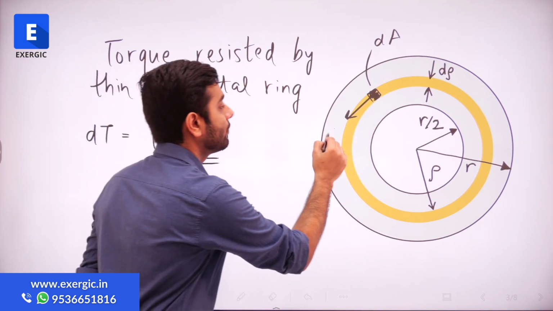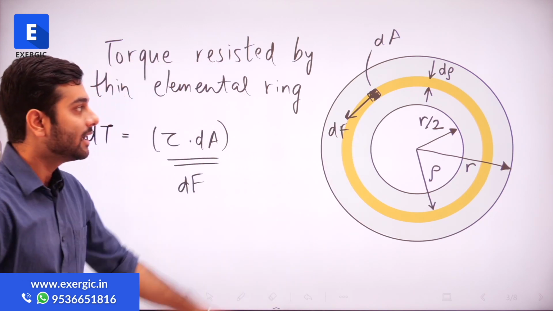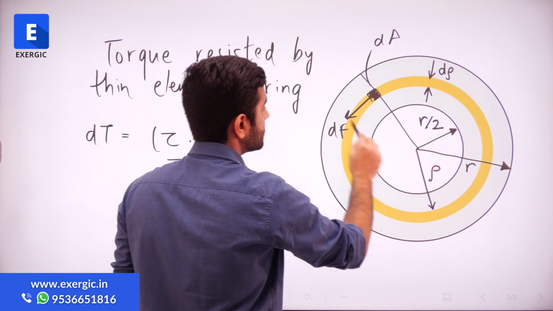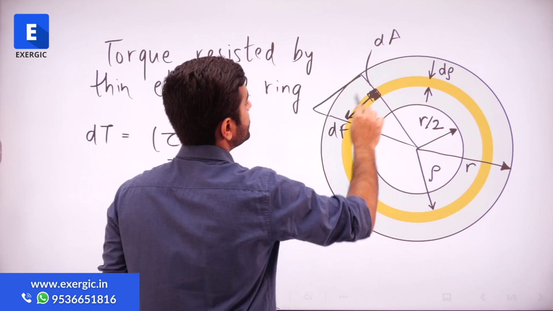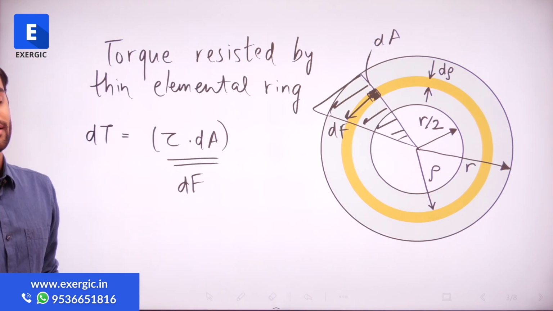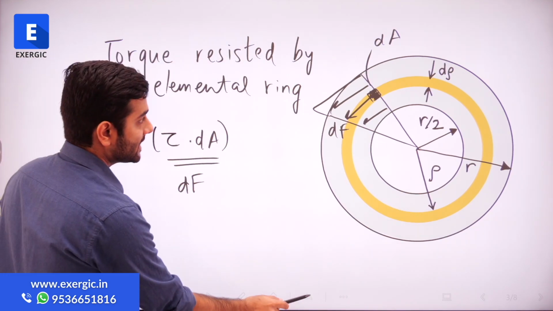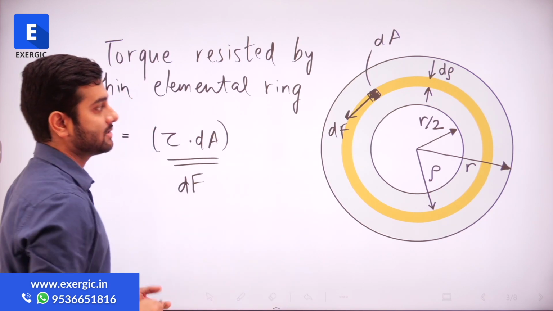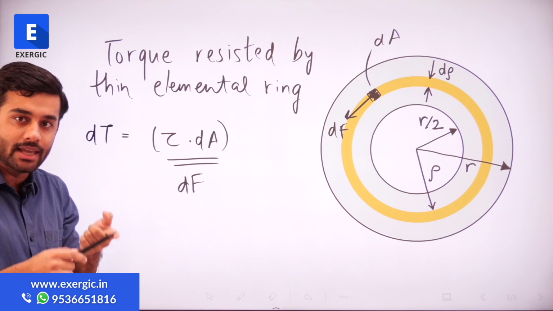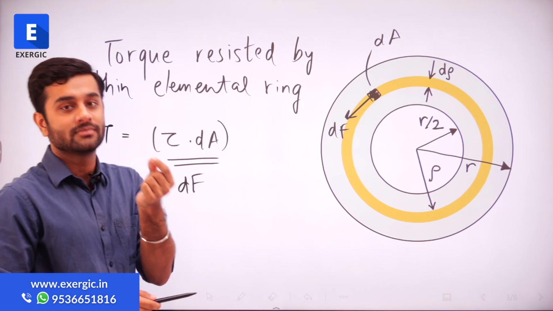We know the direction of shear stress and how shear stress varies, so that same direction is going to be for the force as well. So the force dF resisted by this small area is given by the multiplication of shear stress with the area. Again, the very basics of stress, right?